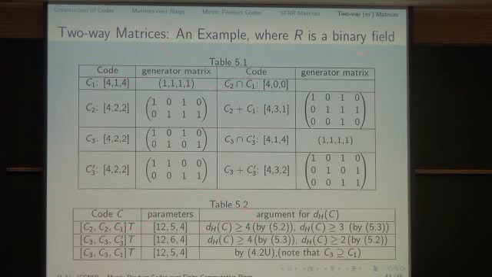So here is the binary field case. By using 5.1, we get the minimum Hamming distance, and by using 5.3, we give this minimum Hamming distance. And with 5.4, we can get that the minimum Hamming distance is 4. And taking different codes, we can get another code, and you can get this code.